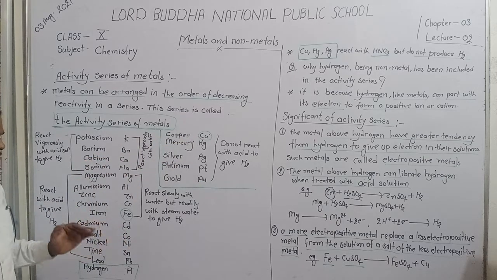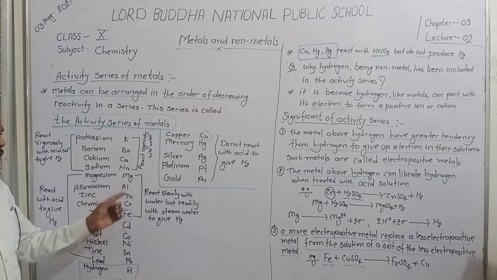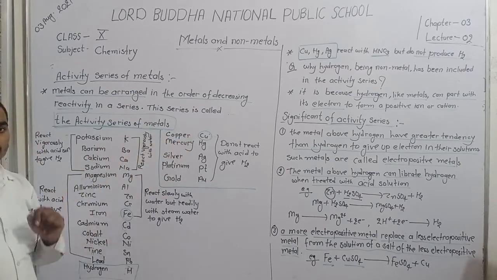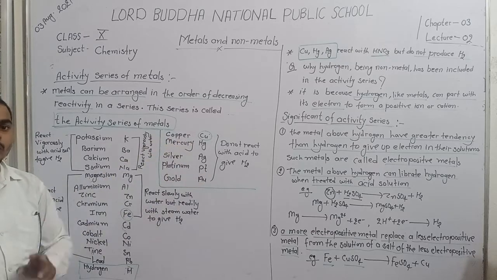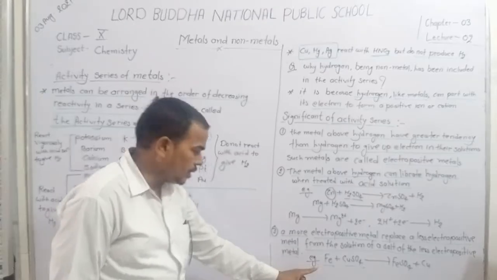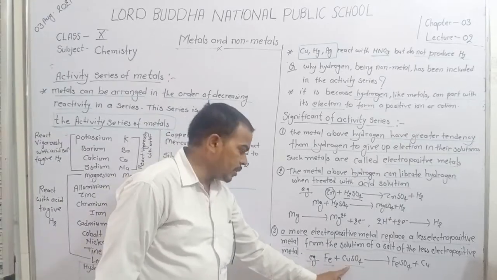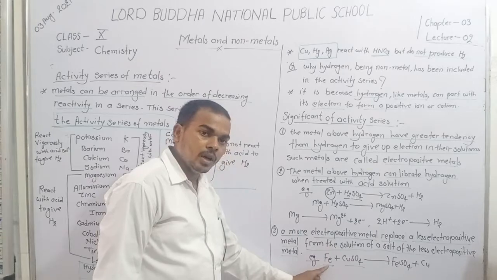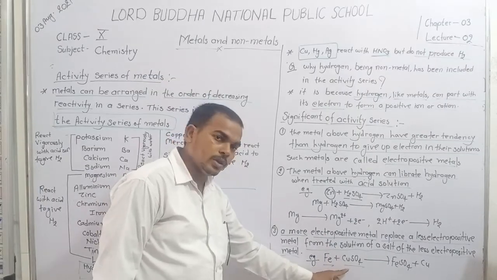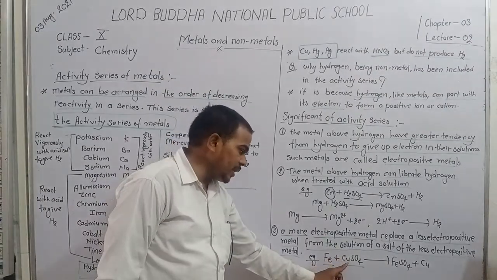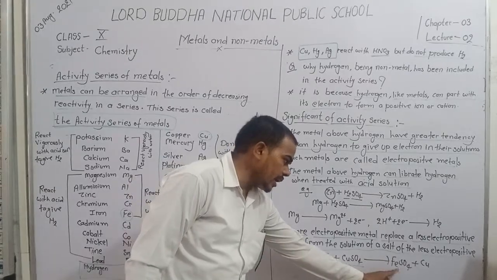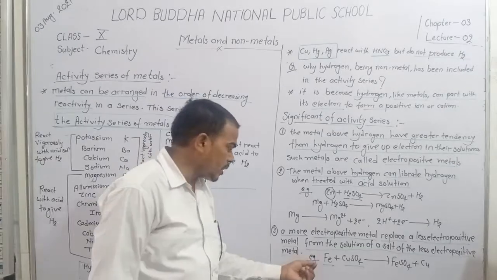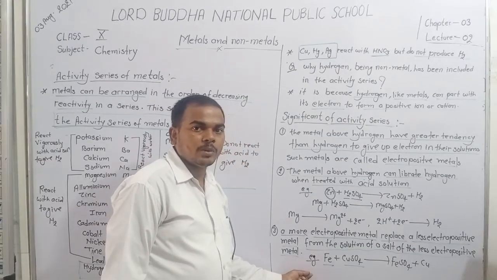So we say that the reactivity of iron is higher than copper, and the electropositivity of iron is greater than copper. So iron replaces copper from its salt solution and converts into FeSO4 plus Cu. This is known as a single displacement reaction.